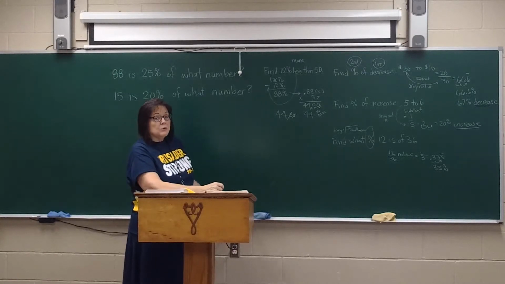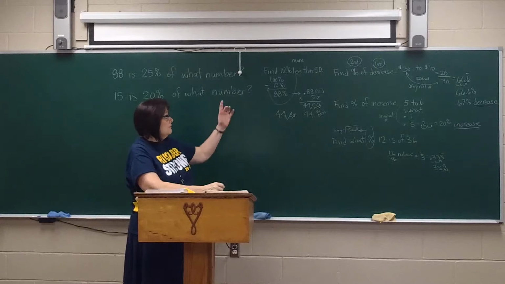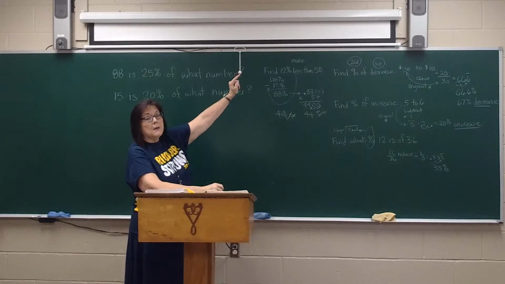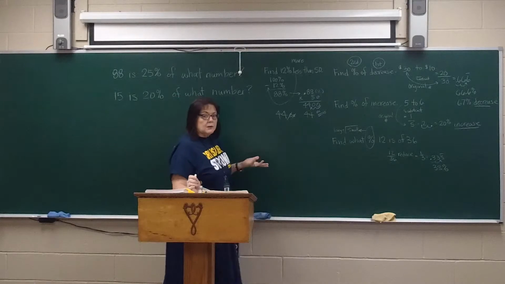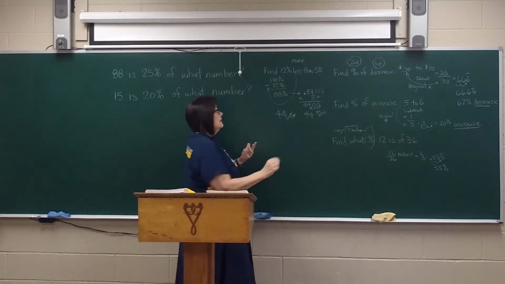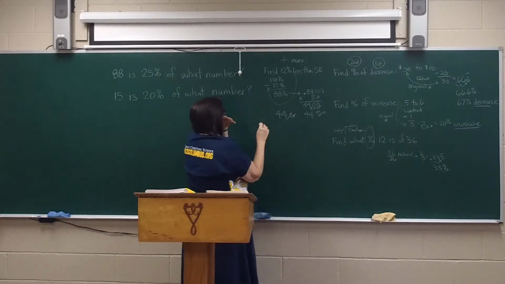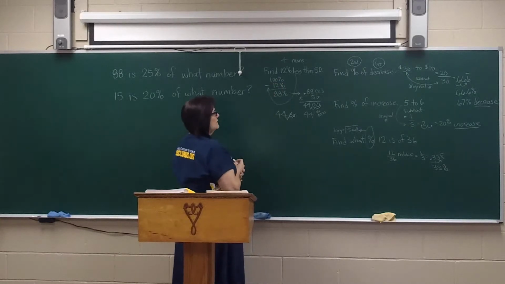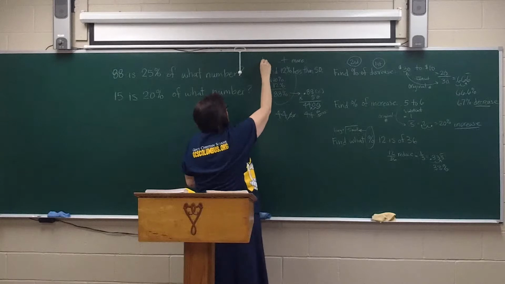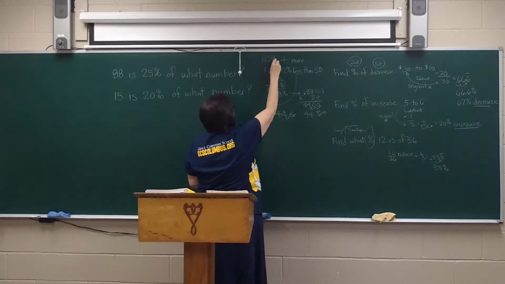Okay, same thing with more. If we said find 12% more than 50, guess what? We would still follow the same principles, but instead of subtraction, what would we use? Everybody said addition, okay? So you'd still do the same thing. You'd go 100 plus 12, then you would have 112%.